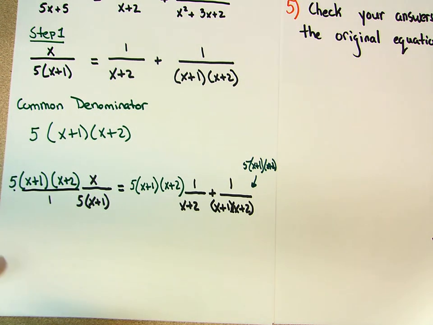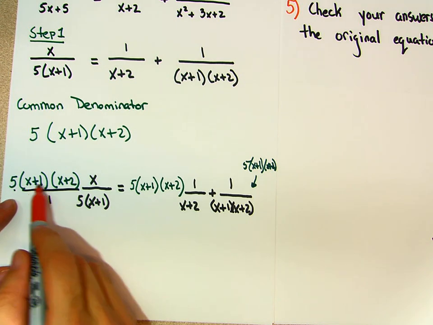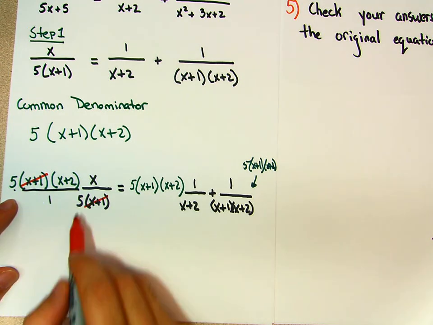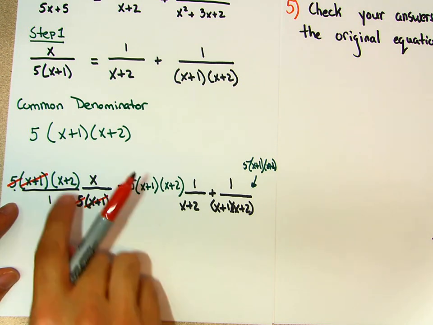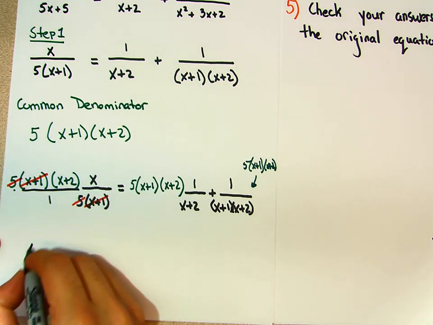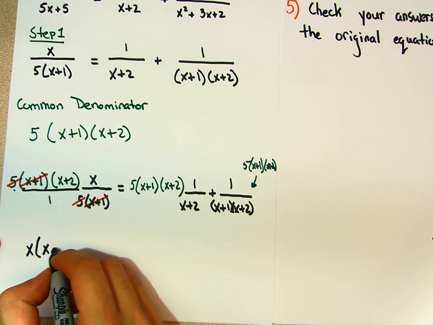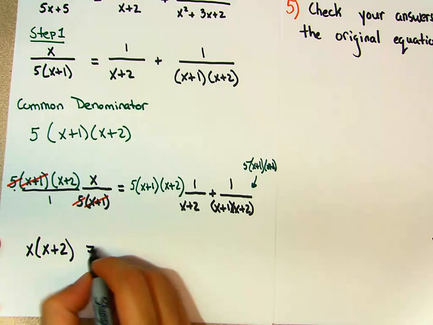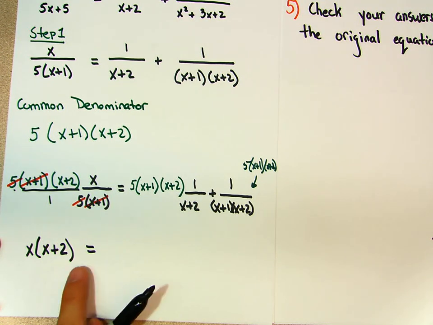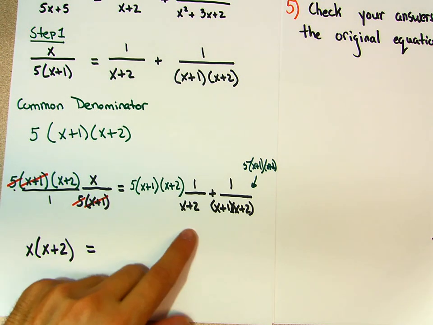It's over 1. So what happens here? What is x plus 1 divided by x plus 1? This cancels. Then this cancels. And what are you left with? x plus 2. So then what we write is x times x plus 2 equals, right? We're multiplying this to this. And that's this. Okay, let's look at the next one.